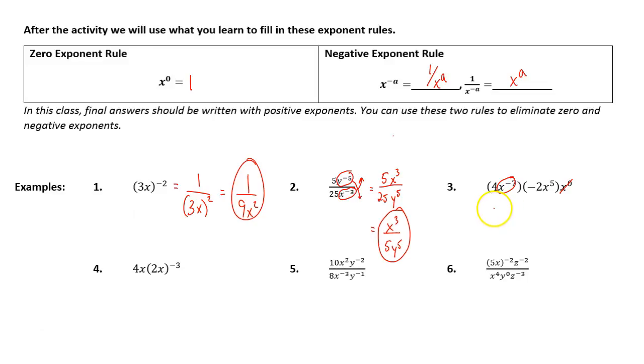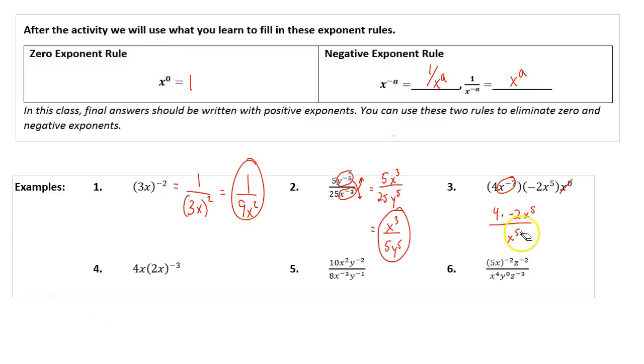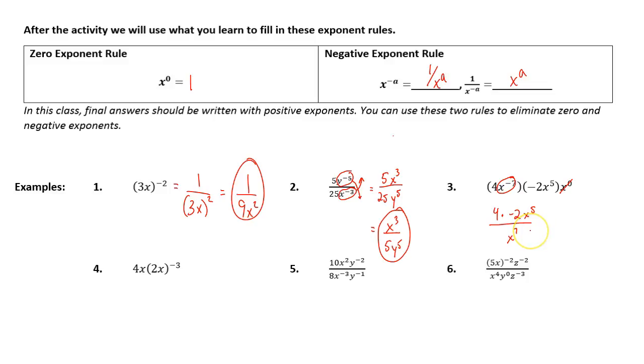So now I'm going to have 4 times negative 2x to the 5th with x to the 7th in the denominator, or negative 8x to the 5th over x to the 7th. Now remember, we're not only working with numbers here; when we go to reduce, sometimes we have to reduce with our variables.